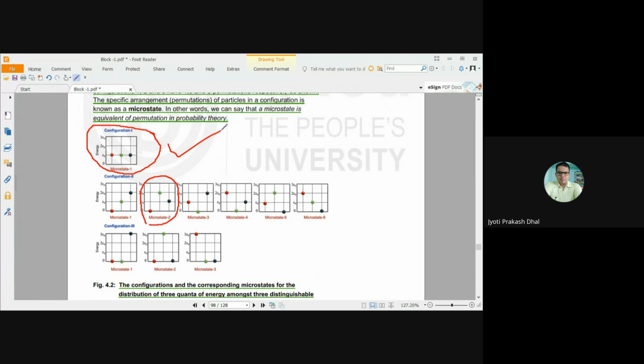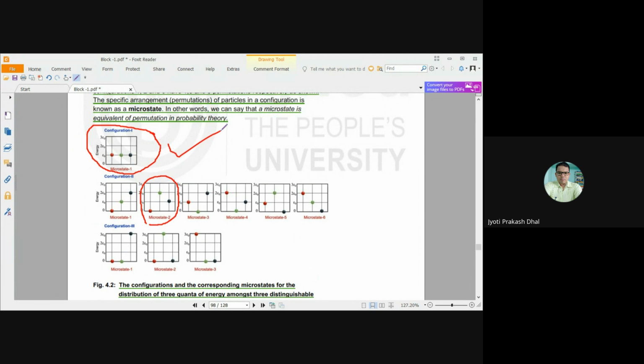In configuration number 2, you have to put one particle at 0 energy level, one particle at epsilon 0 energy level, and another particle at 2 epsilon 0 energy level, so that the total energy of the system will become 3 epsilon 0. So that is configuration 2.